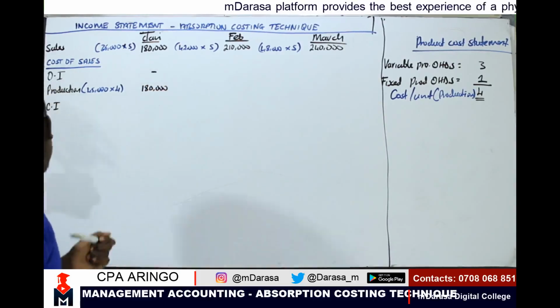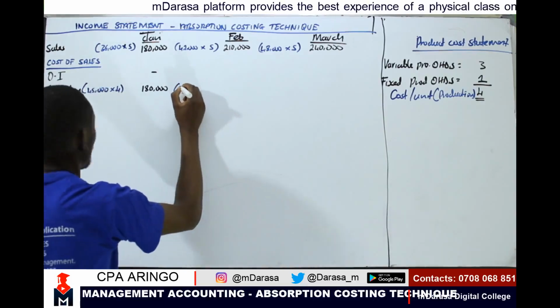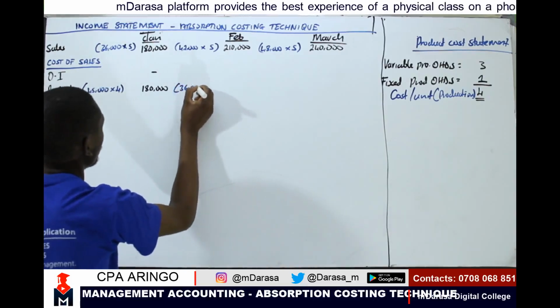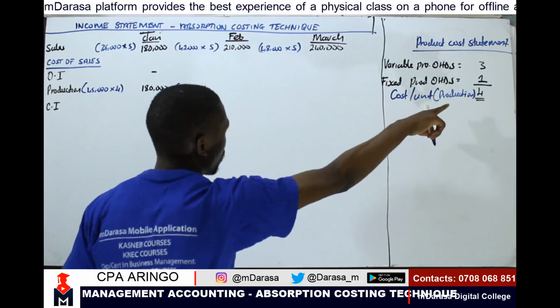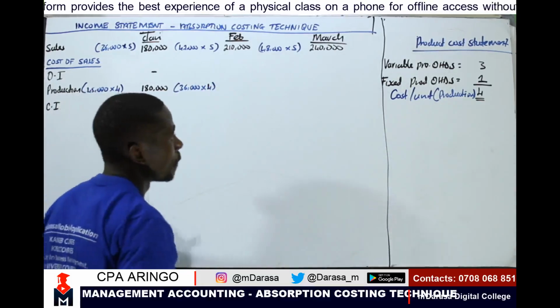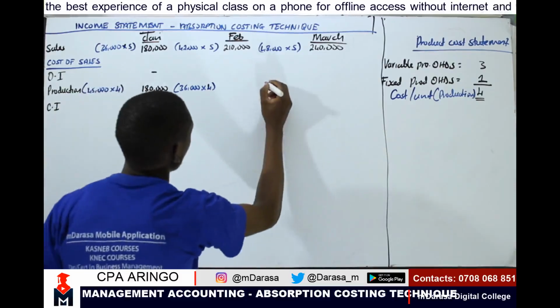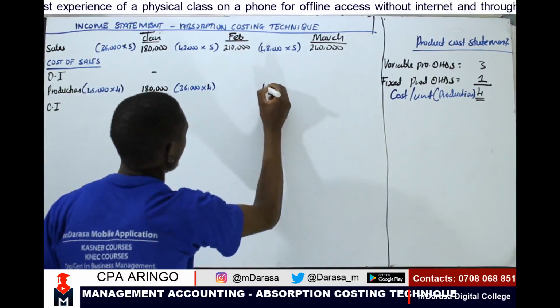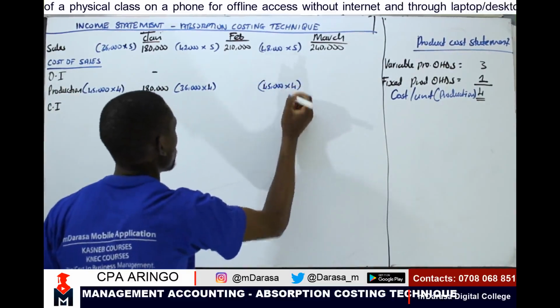Talk of, for the month of Feb, our production was 36,000. The same case, production per unit, I'm going to take the one that we had prepared in the production cost statement, by 4. Talk of the other one, the month of March, 45,000. We multiply by our production cost per unit, which is 4.